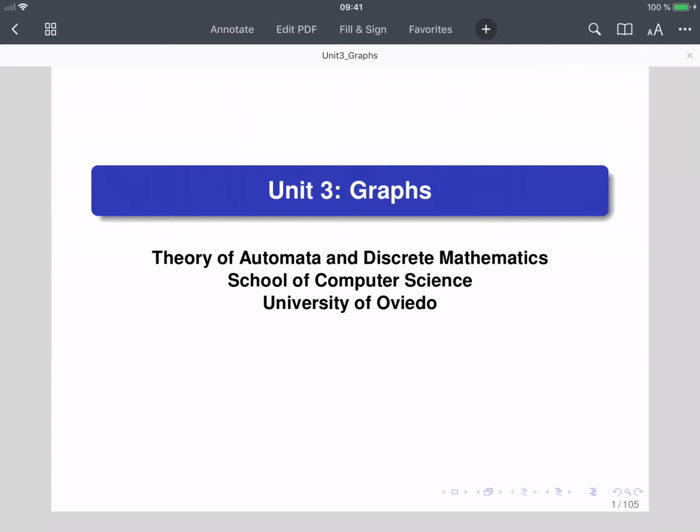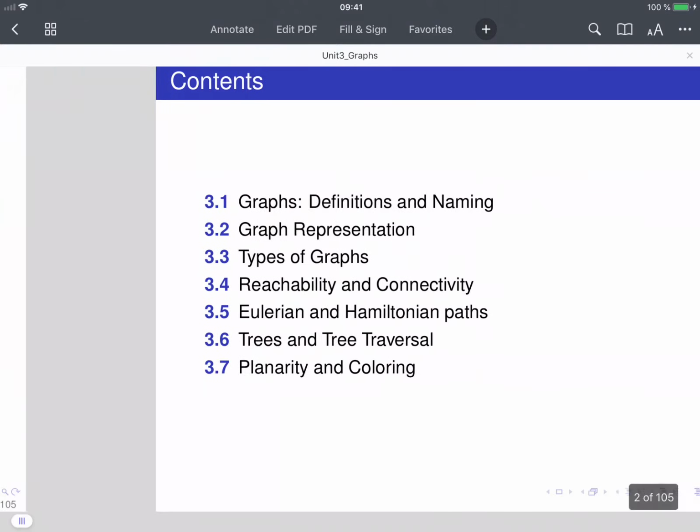So that's a discrete system, and that's why discrete mathematics is very important for computer science. And as I've told you, there are many other topics that we could cover when talking about discrete mathematics, but we have no time, so we are going to work only with graphs.